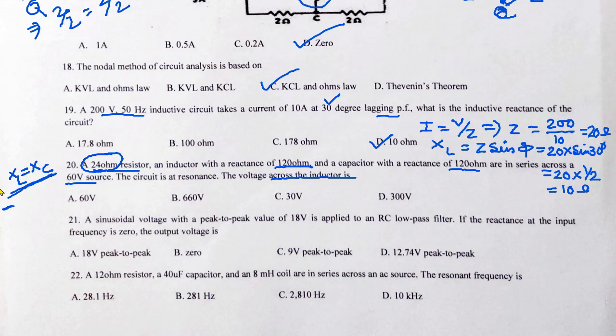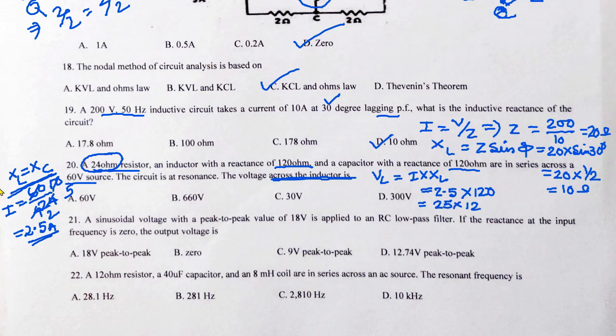So the current in the circuit will be I equal to voltage by resistance. So this is 0.25 ampere, and you have to find the voltage across the inductor. Definitely the voltage across the inductor will be VL is equal to I into XL. I we have found to be 2.5 ampere and XL is given to be 120. So 25 into 12. So the voltage will be 300 volts.